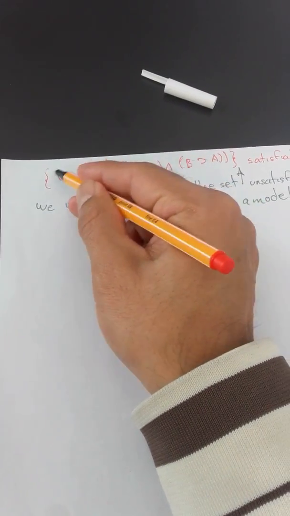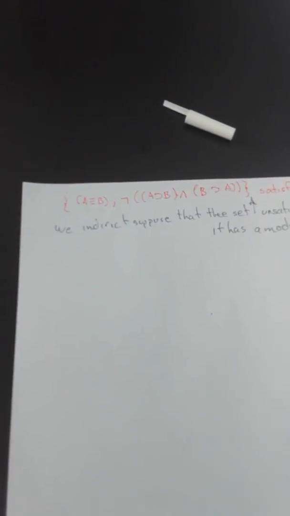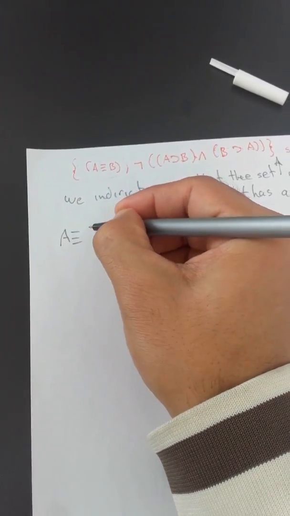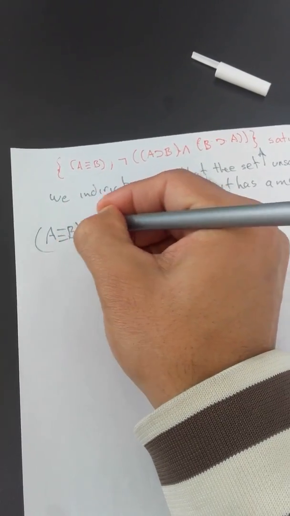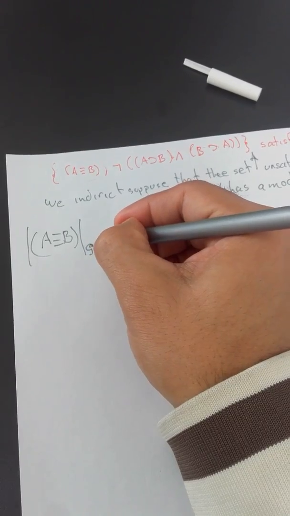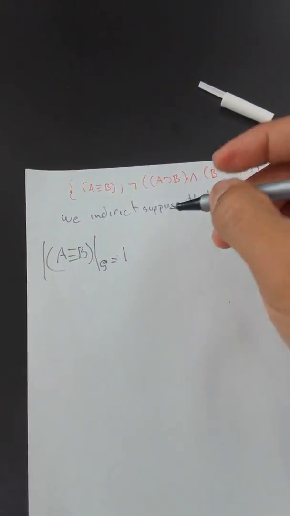If we took this part, we can say that A equivalence B, the interpretation is equal to 1.